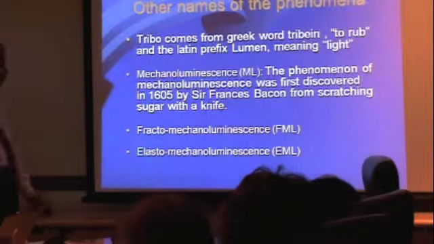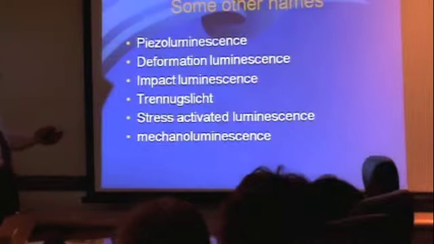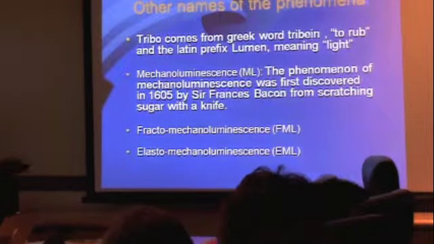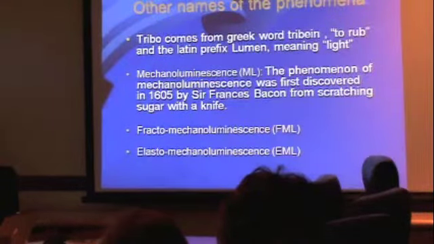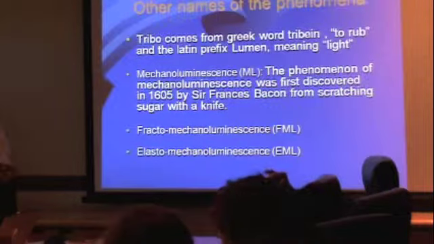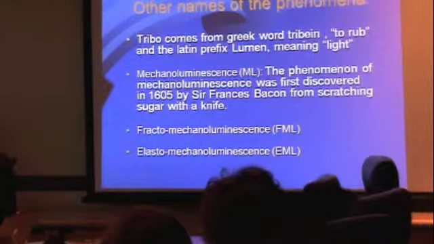Triboluminescence is the first thing we want to learn, and it comes from two words: tribo is to rub, and lumen means light. So when you crush it, the light comes out. There are many other names: mechanoluminescence, fractomechanoluminescence, elastomechanoluminescence.